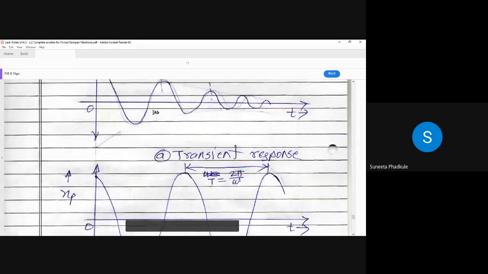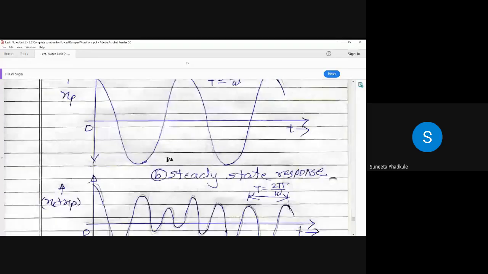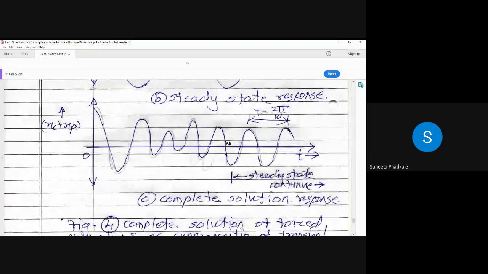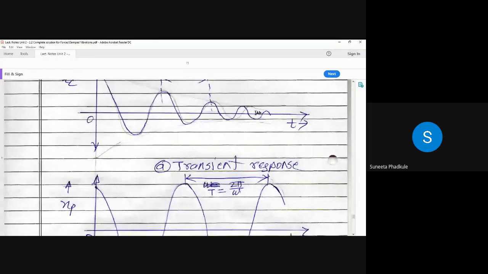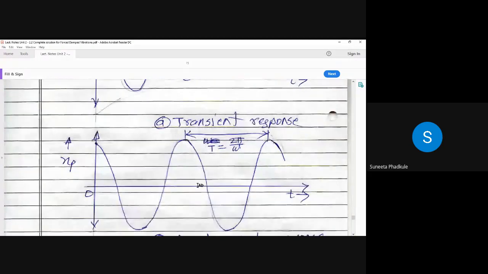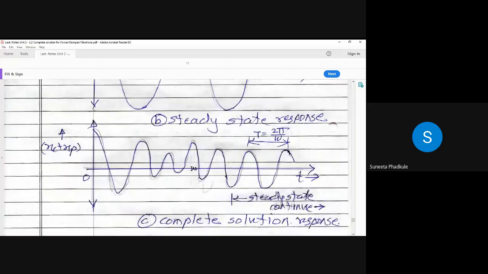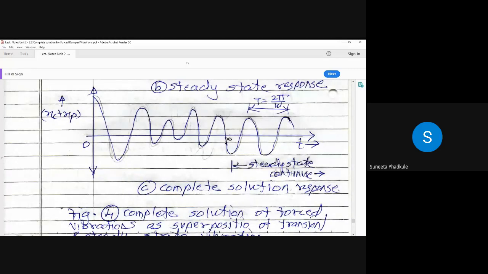So the addition of transient vibration plus steady state vibration will give you such a type of vibration. See, up to here, till the transient vibration vanishes and becomes zero. After that, only steady state vibration will remain in the system. That's why, up to here, you can say the graph is very vague, no particular shape is there.